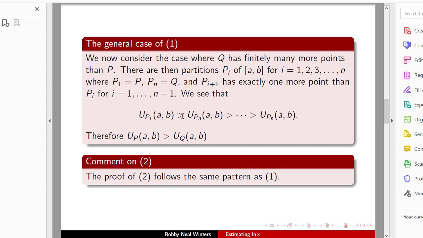Then we can just apply the special case in a chain, so that we can see U sub P1 goes down to U sub P2 goes down to U sub Pn. And so therefore we have that U sub P of [a, b] is greater than U sub Q of [a, b].